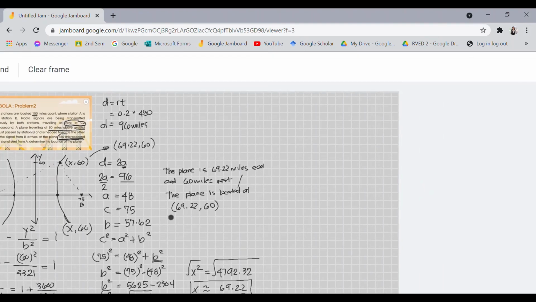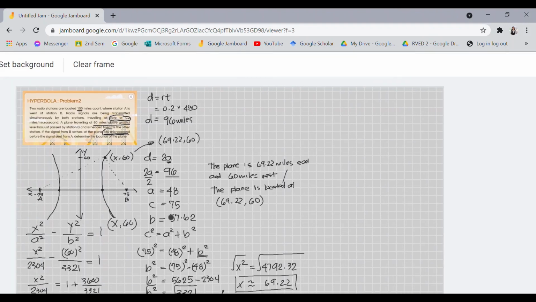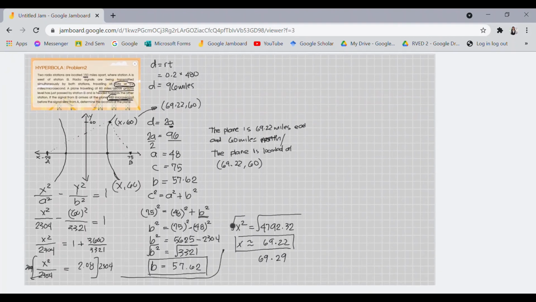Okay, that will be accepted. Okay, so the plane is in the Cartesian plane, the plane is located at 69.22, 60, or the plane is 69.22 miles east and 60 miles, sorry, that's not west, 60 miles north. Okay, so that will be our answer.